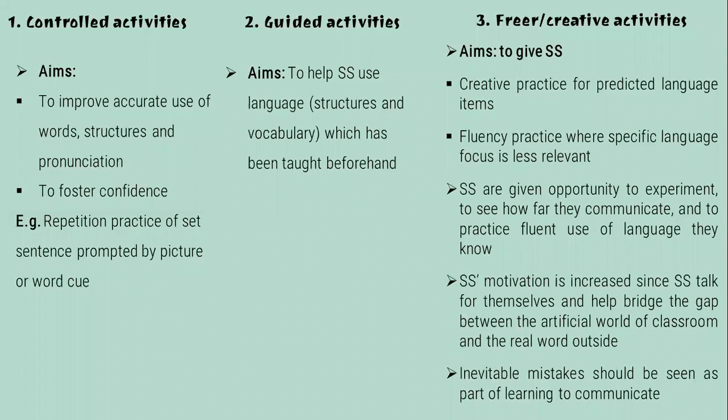With controlled activities, these aim to improve accurate use of words, structure, and pronunciation, and the second aim is to foster confidence. For example, repetition, practice of set sentences prompted by pictures or word cues.